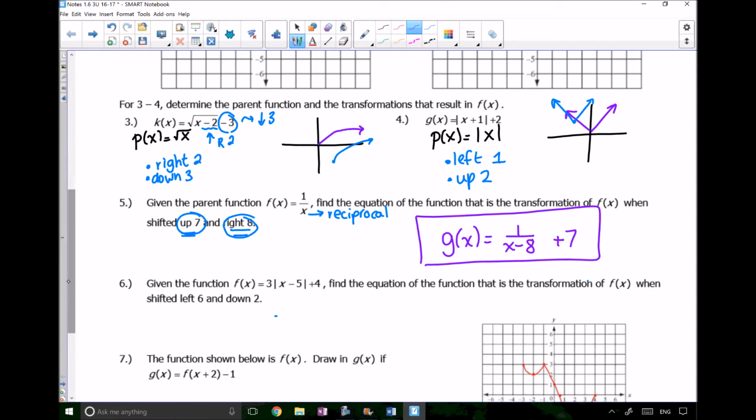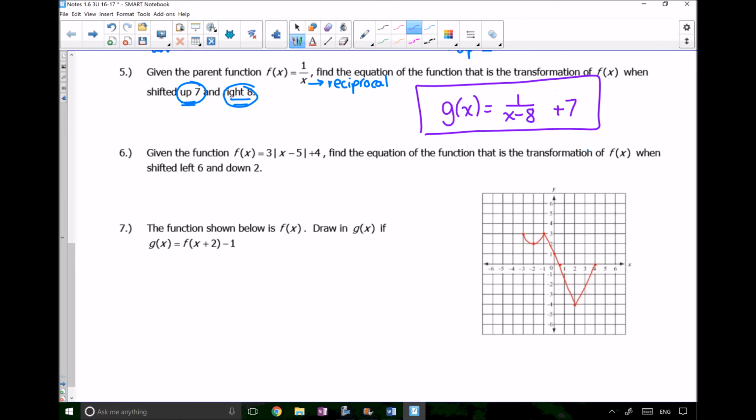Okay? All right. Number 6, given the function f of x equals 3 times the absolute value of x minus 5 plus 4, find the equation of the function that is the transformation of f of x when shifted left 6 and down 2. Now, it's left 6 and down 2 from this function, not from the parent function.